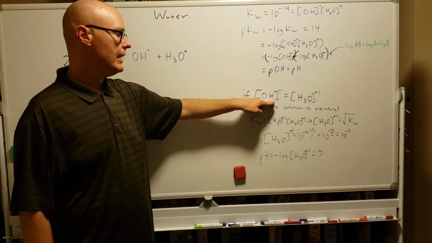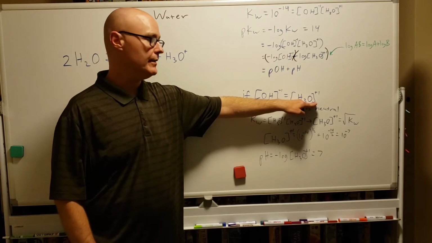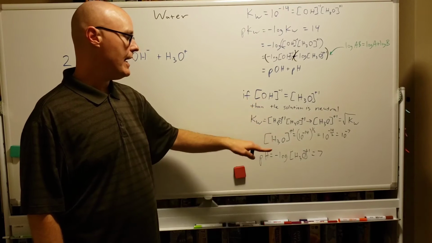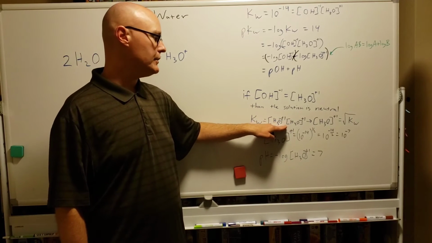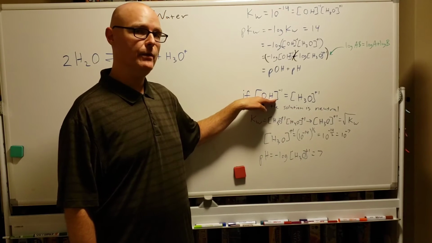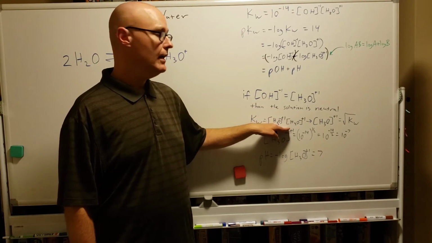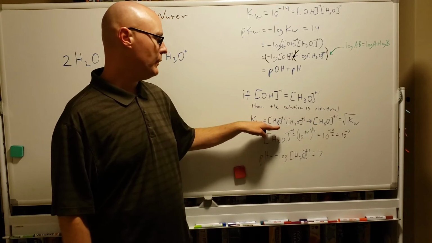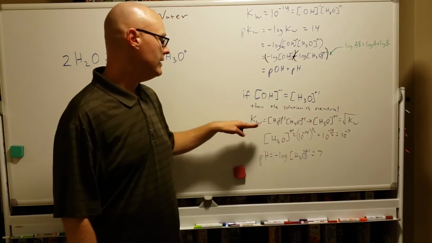If the concentration of hydroxide is equal to the concentration of hydronium, the solution is said to be neutral. If that's true, then the ionization constant is equal to the concentration of hydronium multiplied by the concentration of hydronium. All I did was substitute in the value of the hydroxide for hydronium. That's the concentration of the hydronium squared. So to find the concentration of hydronium, I take the square root of the ionization constant.